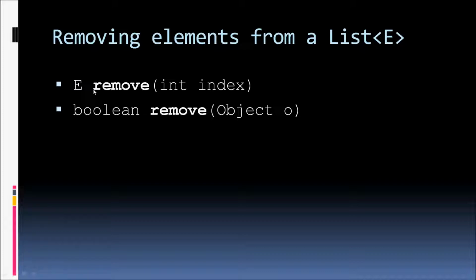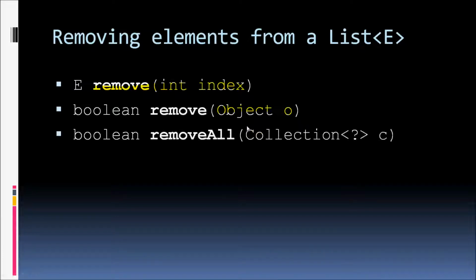The first one removes an element from a specified index, and the second method removes an element by object, and the removeAll method here removes all elements contained in the specified collection, and the clear method removes all elements from the collection.